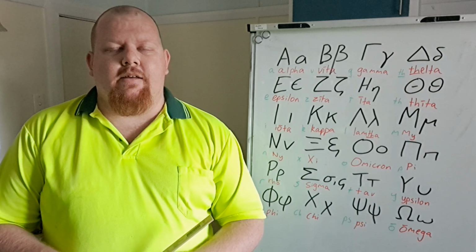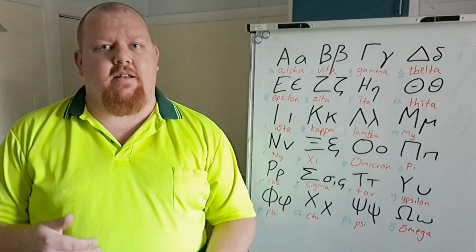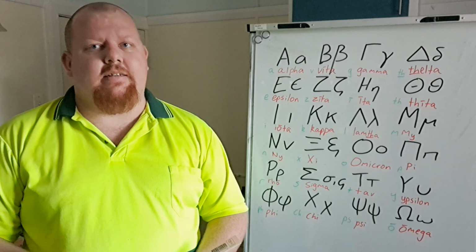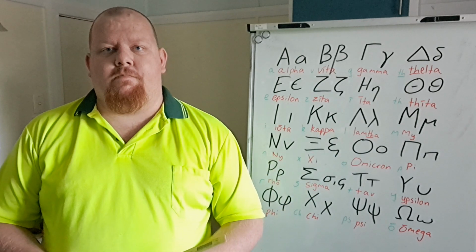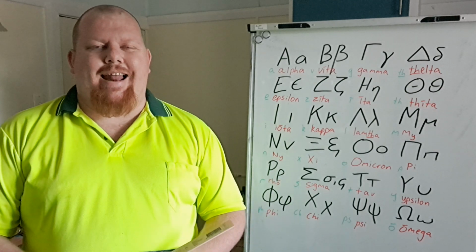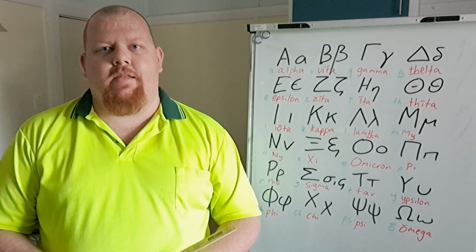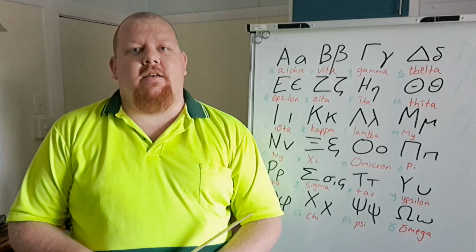Zeta is pronounced with a Z sound as in zebra. The next letter is Eta. And it has that long E sound. And then the next letter is Theta.